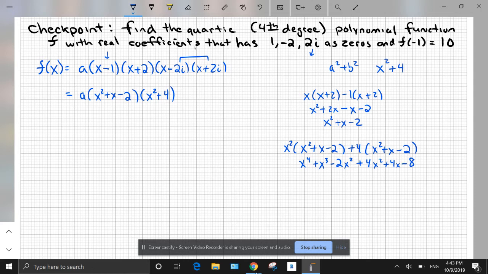Let's go ahead and combine. So x to the fourth is the only one. X cubed is the only one. You have a negative 2x squared plus a 4x squared, so you have plus 2x squared. So these are gone. We only have one 4x, and then minus 8.